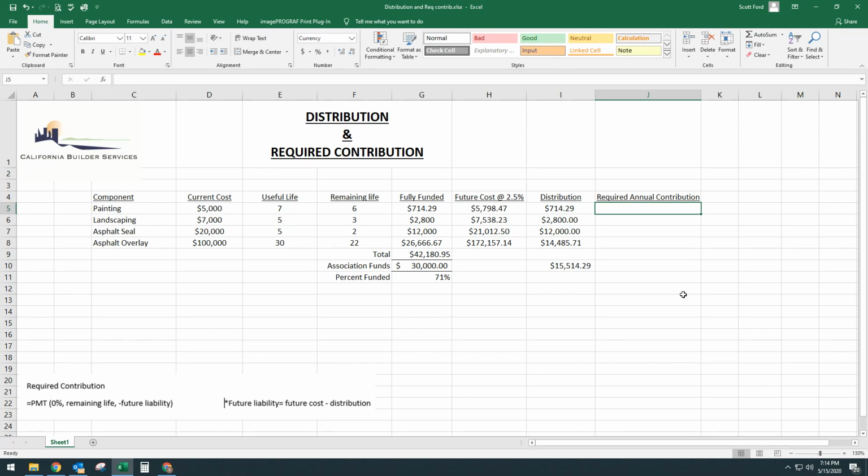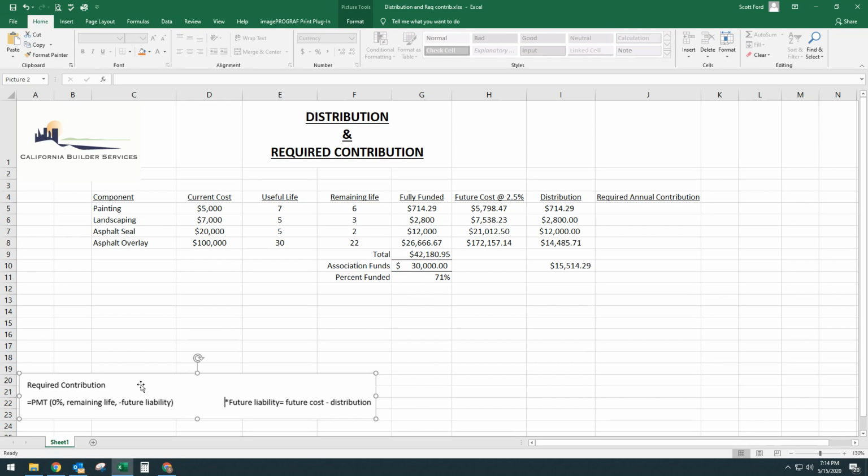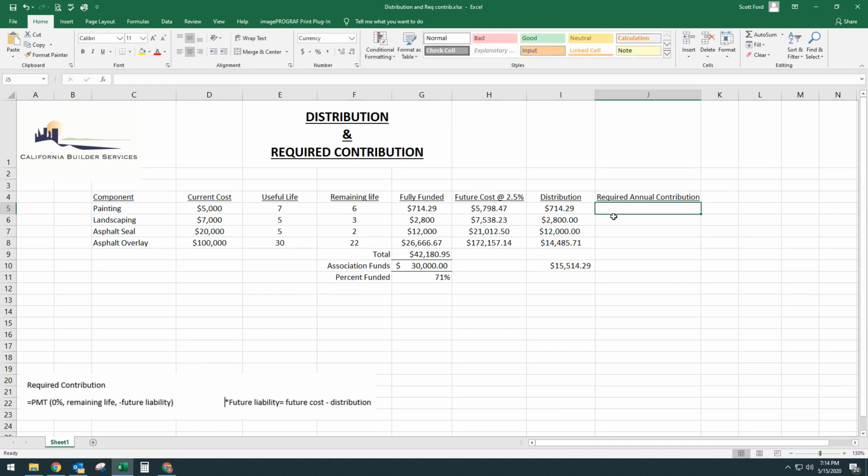This calculation is a financial calculation. We use it mostly if you want to find out how much your mortgage is going to be or how much your car payment's going to be. We're going to alter it a little bit for reserve studies in Excel, but that's where it comes from. So some of the items won't match up exactly, but at the end we're going to get our perfect calculation out of it.